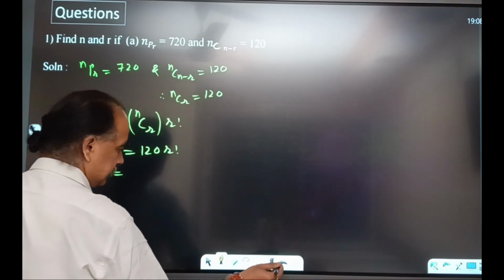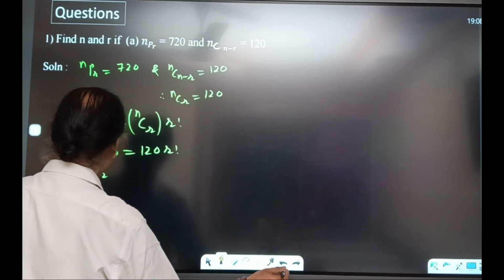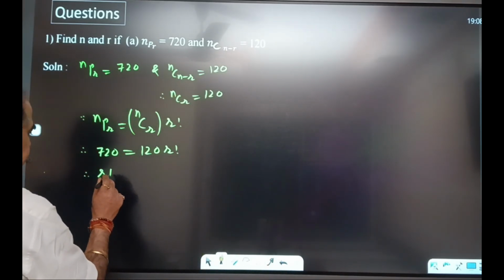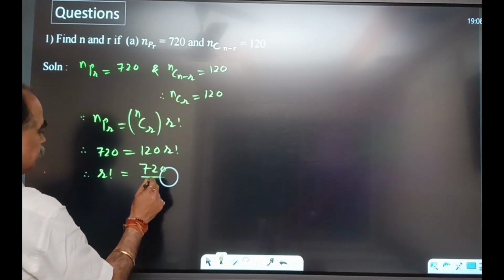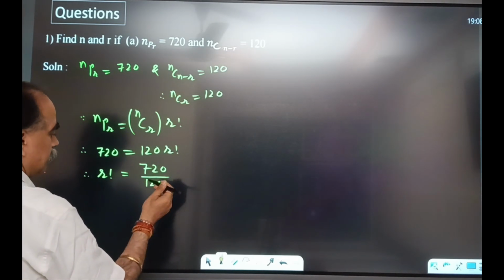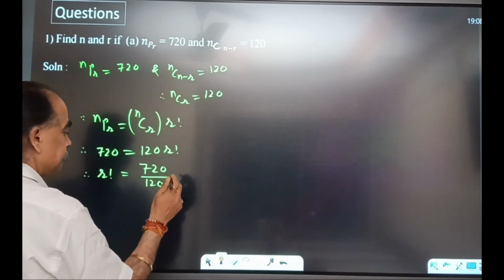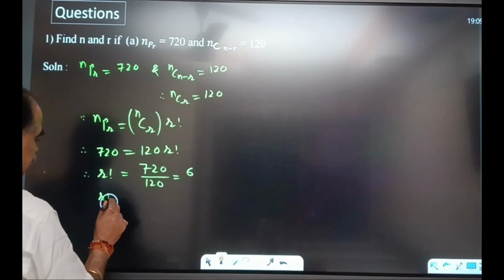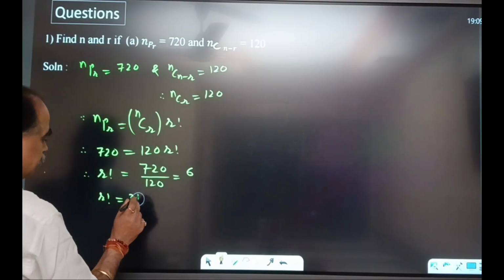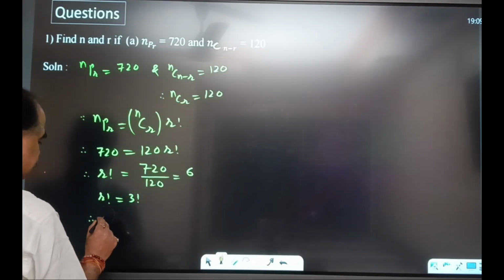So r factorial is 720 upon 120, which is 6. So r factorial is 3 factorial, so r will be 3.